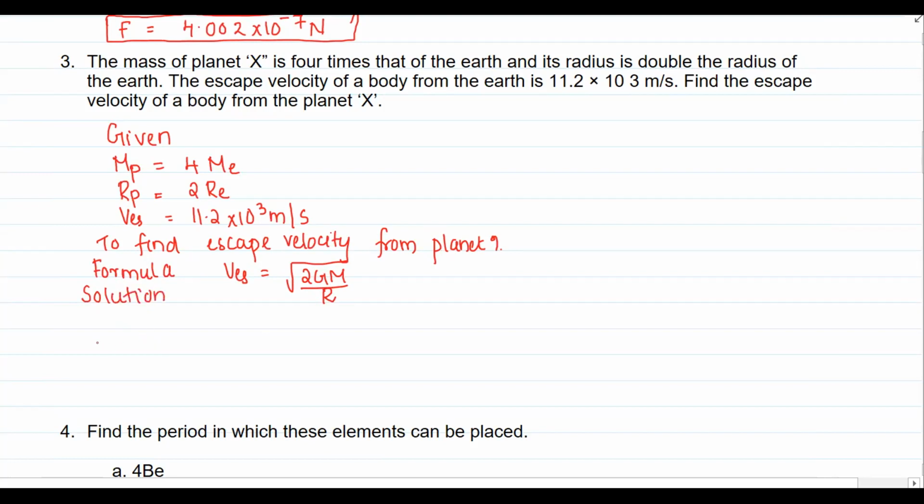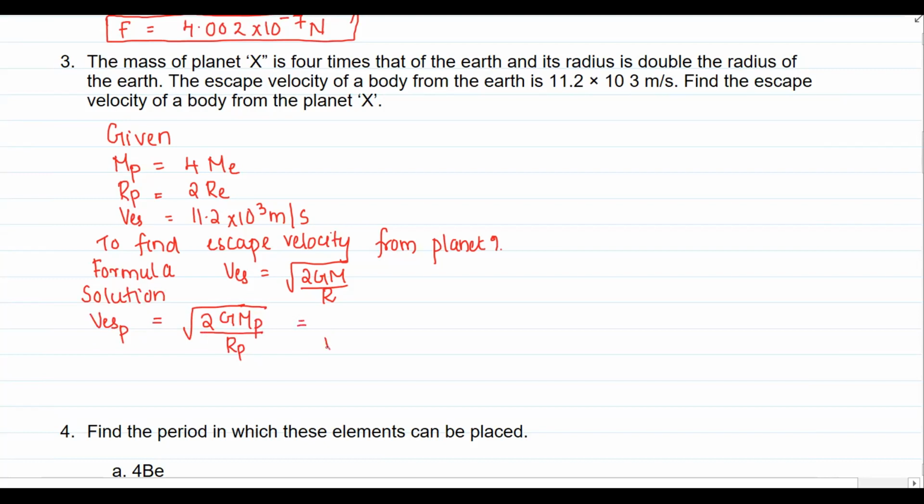We want to find out escape velocity of the planet. So V escape, P for planet, is equal to under root 2G, instead of M, MP will come, mass of the planet, and upon RP will come, radius of the planet.